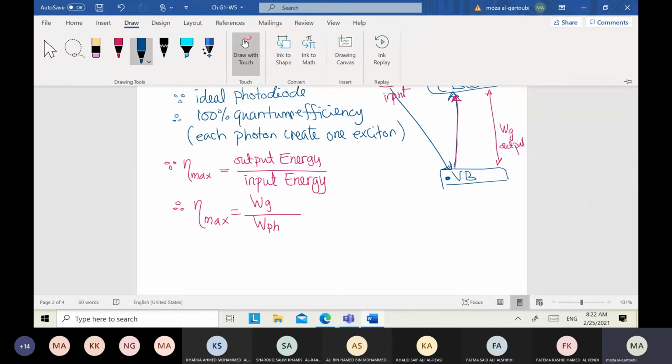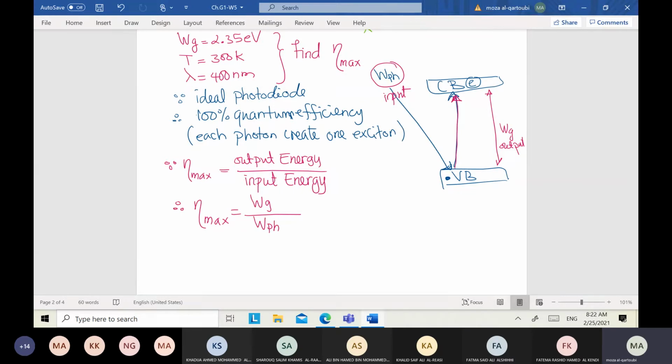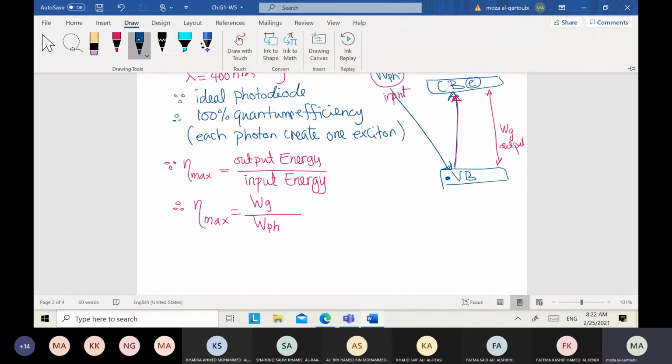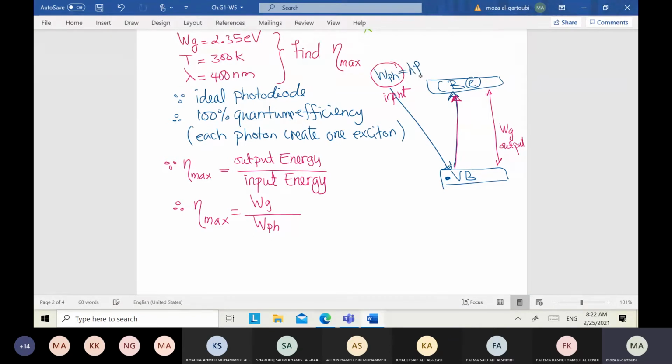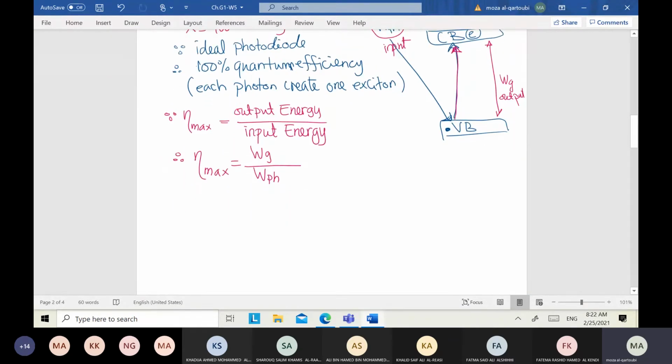We have lambda, the wavelength, given here. So we can find the frequency, then find the energy of photon, which equals H times F. Energy of photon equals H times F, so we need to find F because H is Planck's constant. Step number 1, find Wg in joule.